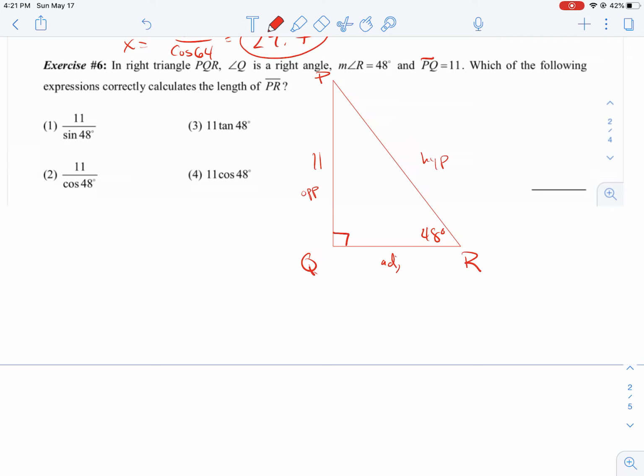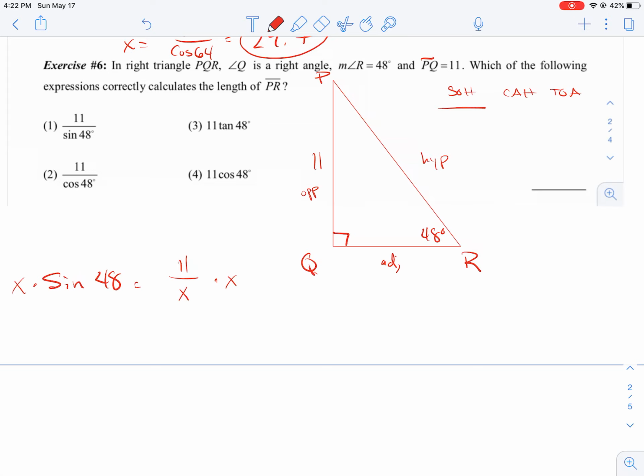Okay, so SOHCAHTOA. All right, and which ratio involves our hypotenuse and our opposite side? Well, that is sine. So the sine of 48, why do I keep putting degrees there? Just 48 is equal to the opposite, which is 11, over our hypotenuse, which we don't know, which is just x.